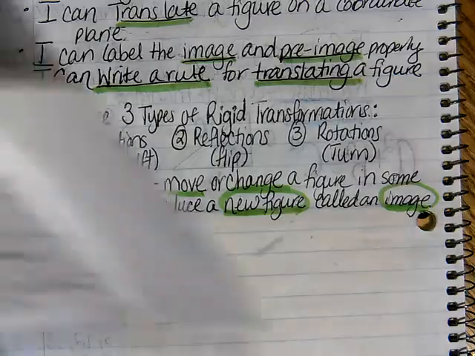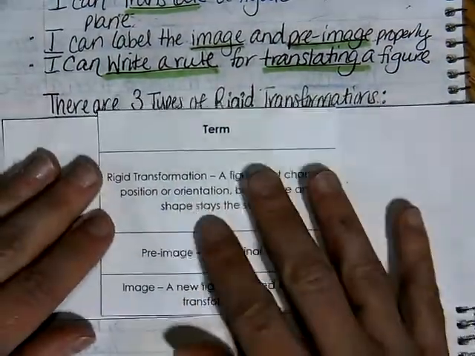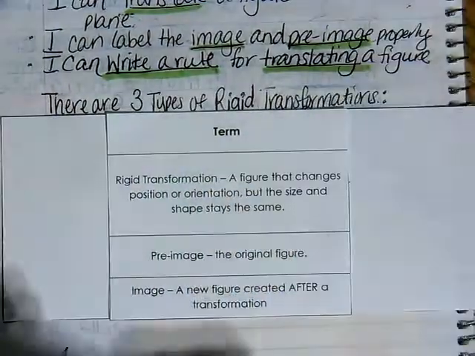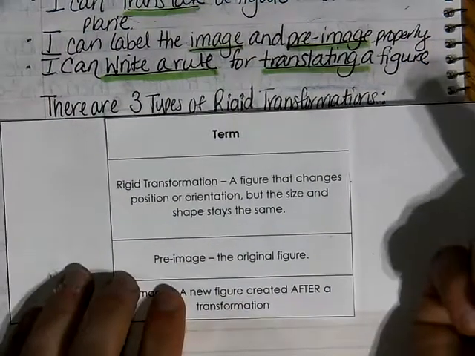Speaking of terms, if you wouldn't mind taking out the terms box and the blank rectangle, we're going to create the same type of cutout as what we've done in the past.